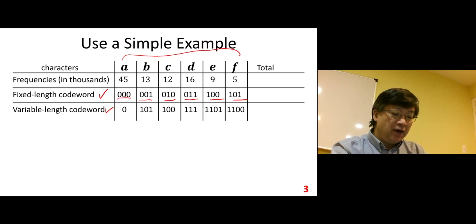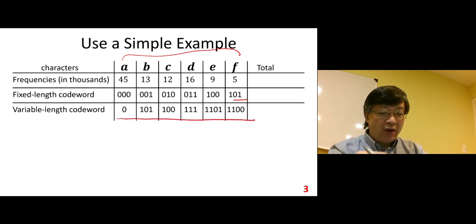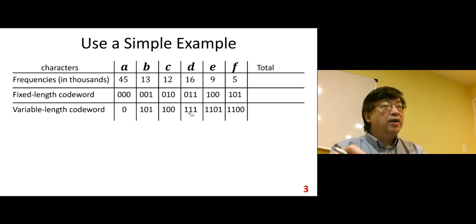We can also use the variable length code word like this, with a different number of bits. Now we want to compare which way gives us fewer total bits.